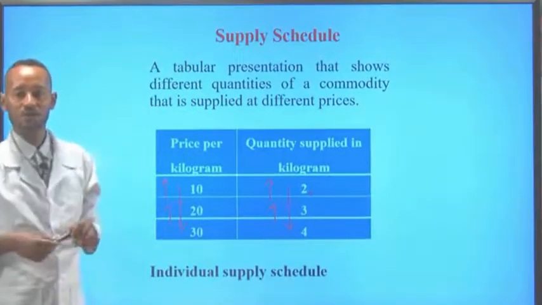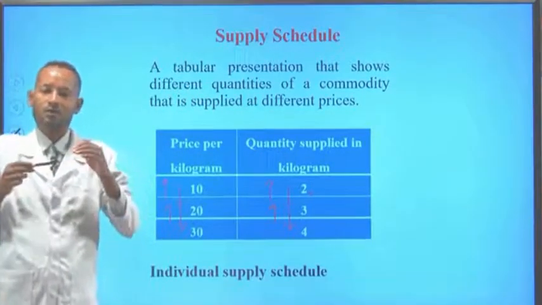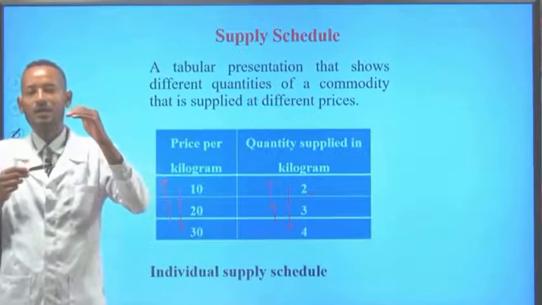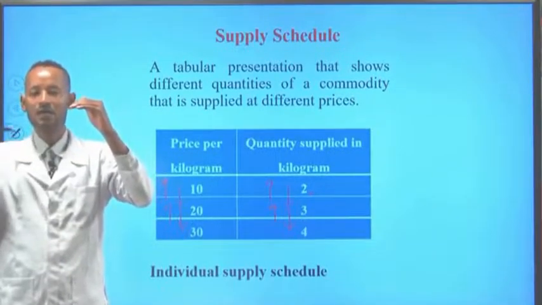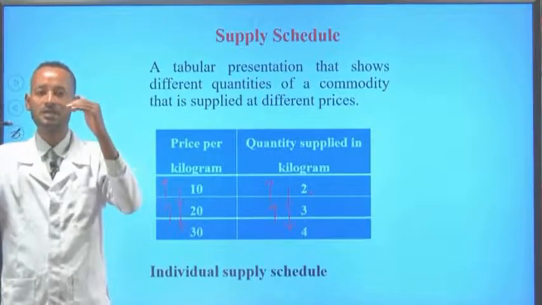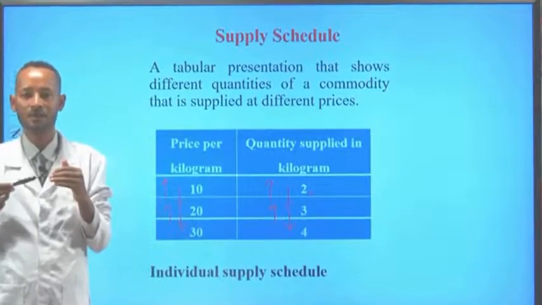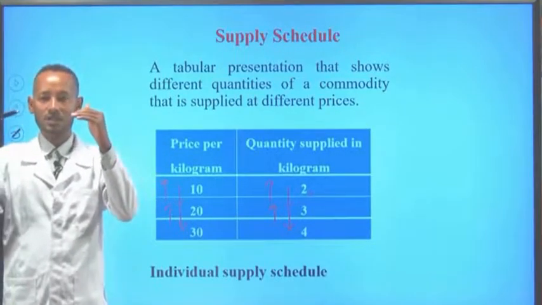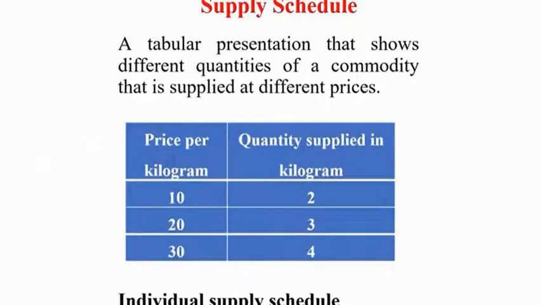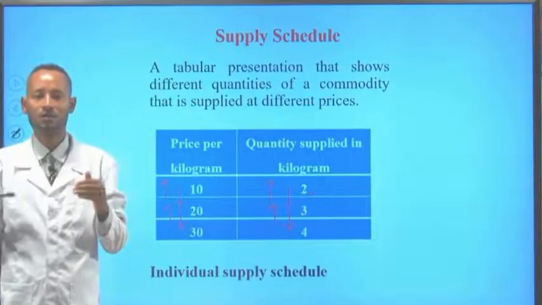From this information, as price of a kilogram of orange increases, then the farmers or the producers are highly encouraged or motivated with the rise in the price, and they will supply more of a commodity. And as price of a commodity declines, they will be highly discouraged and they will offer less of a commodity.